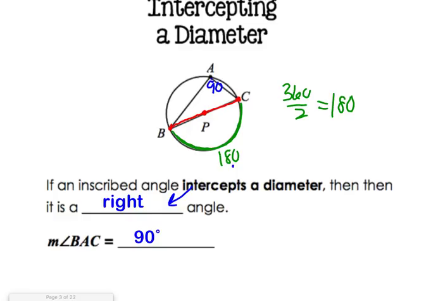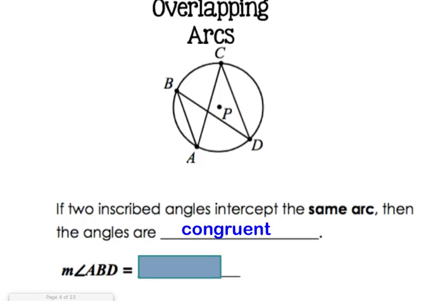And the other weird thing that can happen is when we have overlapping arcs. So if 2 inscribed angles intercept the same arc, then the 2 angles are congruent. And it's easier if you just draw on your paper and see it for yourself because you'll see exactly what's happening. So if I trace out angle ABD, its intercepted arc is AD.